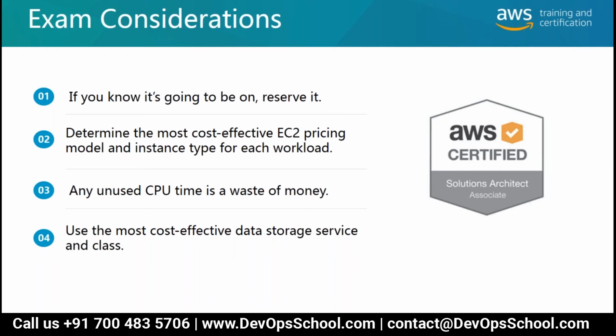In any such scenario, if you know that you will need it at any given point in time, reserve it. Determine the most cost-effective EC2 pricing model and the instance type for each load. So you have to define this. This should be the right combination: what is the right pricing model for you, and what is the right instance for you?